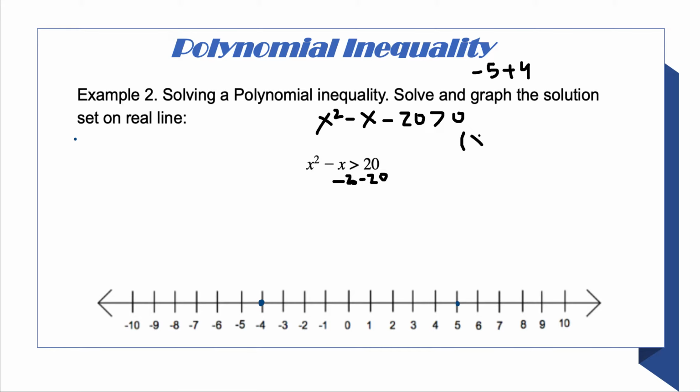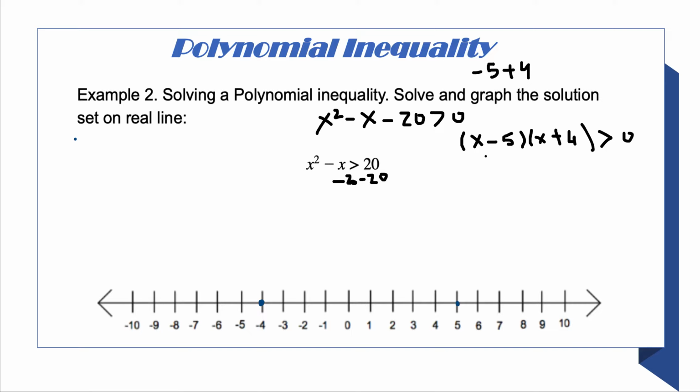And what we get here is x minus 5 times x plus 4, which happens to be greater than 0. Now I'm looking at what points I'm going to get.